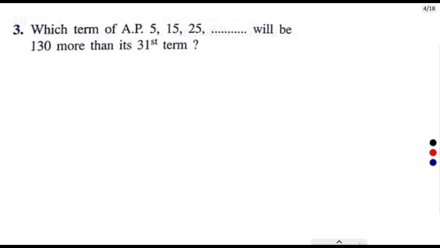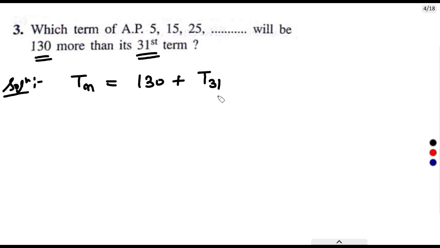Question number 3. Which term of this AP will be 130 more than its 31st term? The condition given in the question we will write in mathematical form. Suppose nth term of this AP is 130 more than its 31st term, then nth term Tn will be 130 plus 31st term.